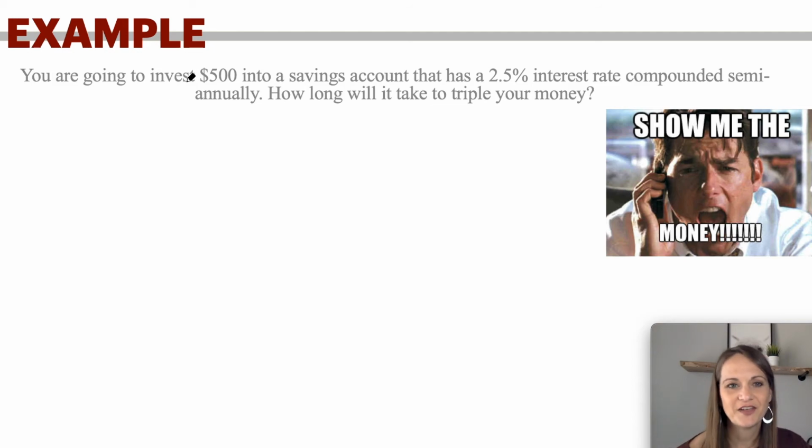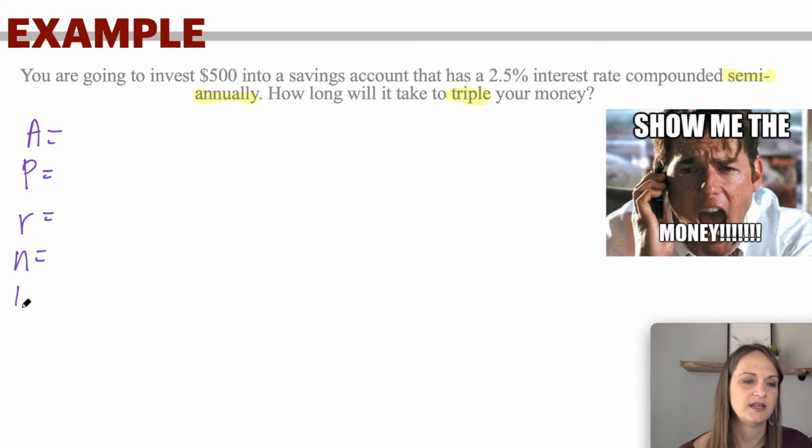You're going to invest $500 into a savings account that has 2.5% interest rate compounded semi-annually. How long will it take to triple your money? So if you have A, P, R, N, T, you have $500. You want to know how long it takes to triple your money, and so that makes that $1,500, because 500 times 3.